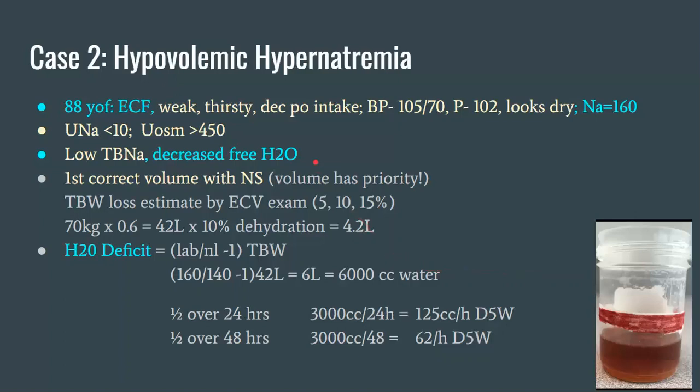So the primary problem is she's got low total body sodium. That's the primary problem. So the solution for her problem is not to try to diurese this 160 off. We've got to give fluid. We've got to give saline here because total body sodium is low, even though the serum sodium is 160.